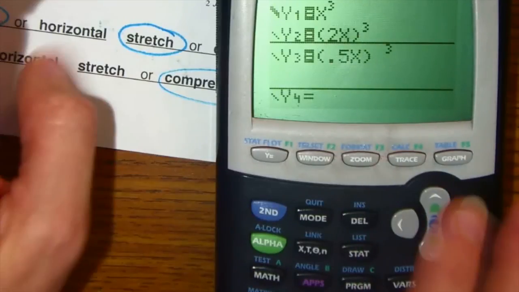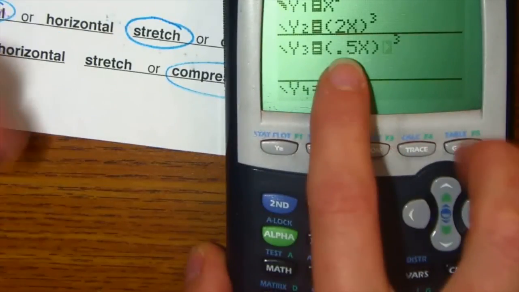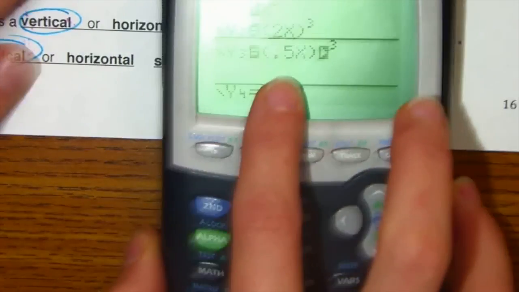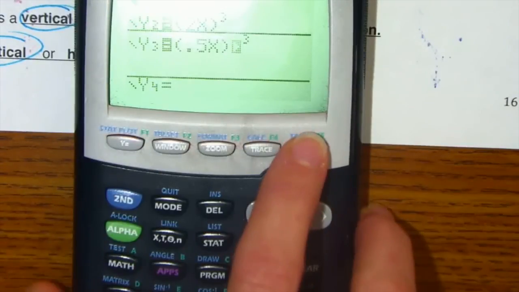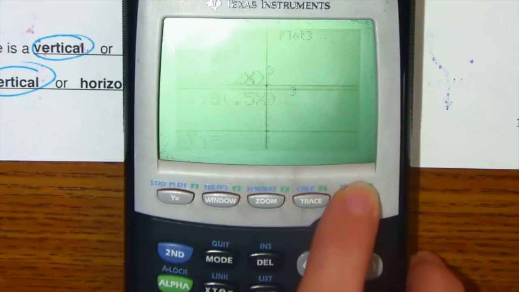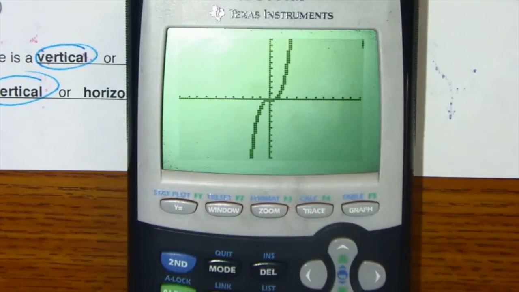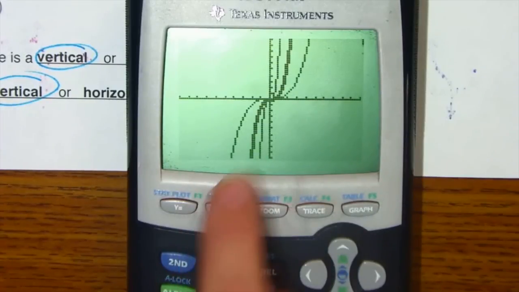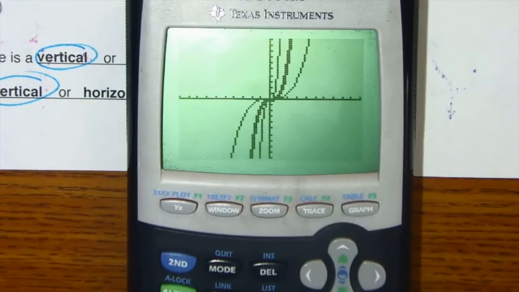Okay, so we're going to have these 3 graphs. Now I'm changing the input value, and I'm going to have you guys look at the graph. So there's x cubed, there's the quantity 2x cubed, and here's the quantity of 0.5x cubed.